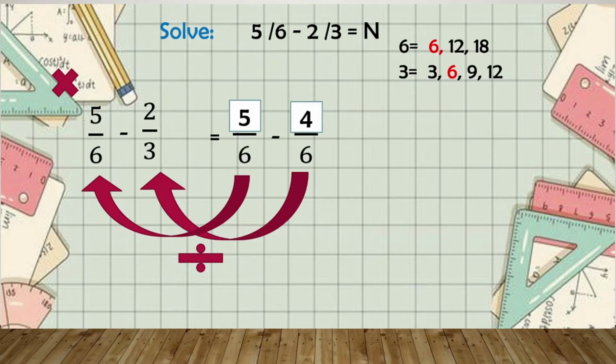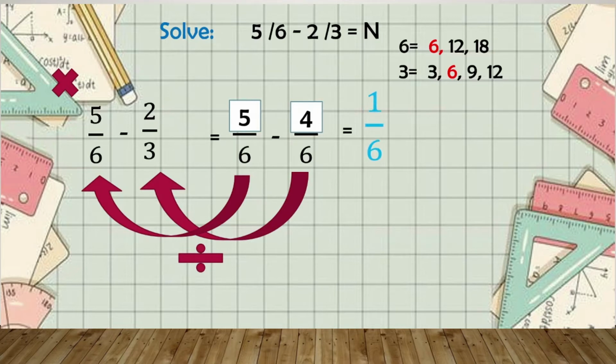So, now we have similar fractions. Let us proceed to subtracting. Let us subtract the numerators: 5 minus 4 is 1. Then, copy the denominator, which is 6.